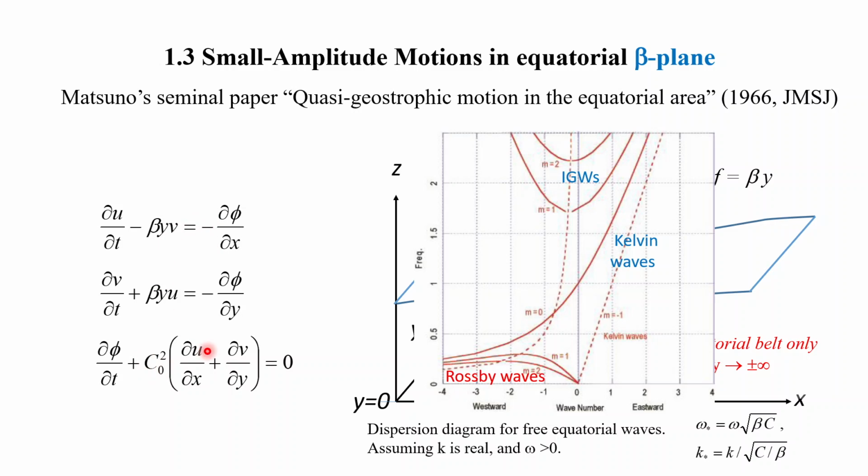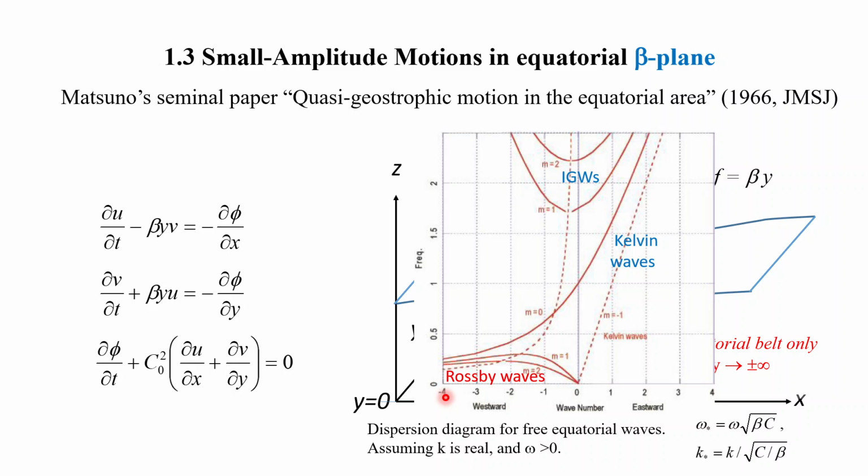This set of equations contains the forms of waves including inertial gravity waves, Kelvin waves, and also Rossby waves. The Rossby waves arise because in the beta plane, the Coriolis force changes with latitude. The Rossby wave is mostly due to the conservation of absolute vorticity.